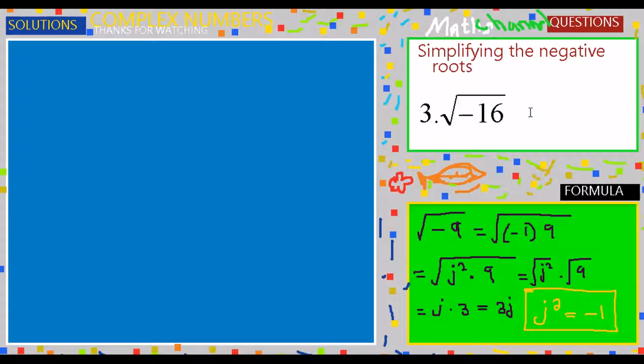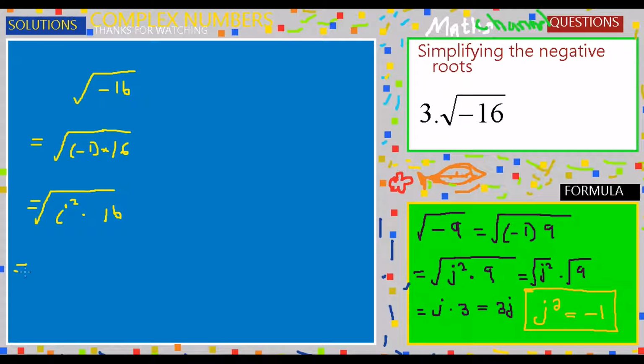So let's look at the second one. This one is the negative square root of 16, so we have negative 16 as you can see.